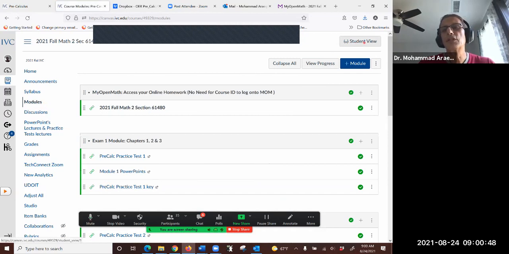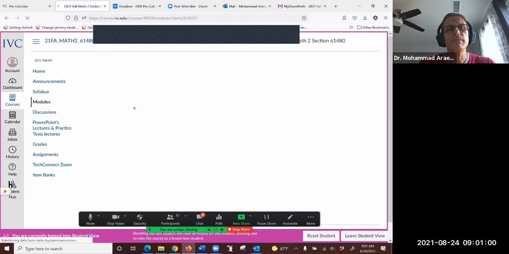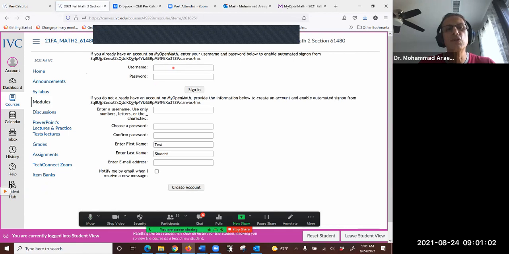I'm going to put this in student view so you see what happens. When you click on this, it will ask you for the username and password, if you already have an account with my OpenMap. If not, you need to register.